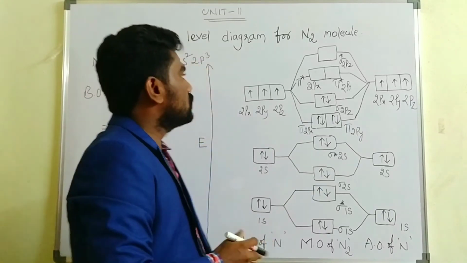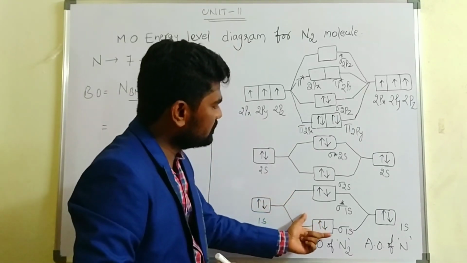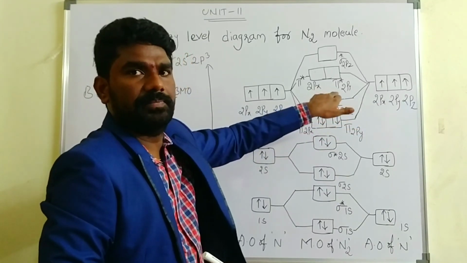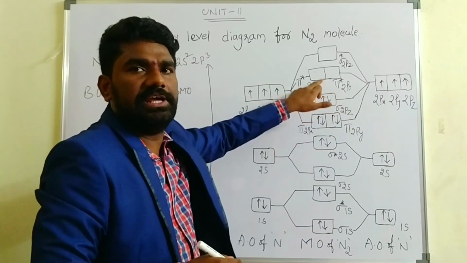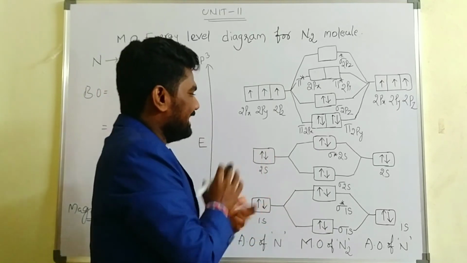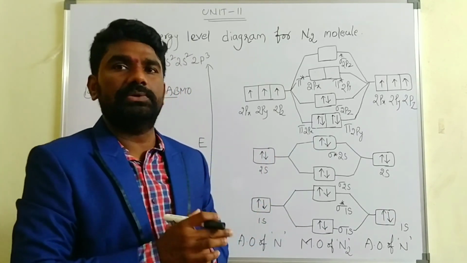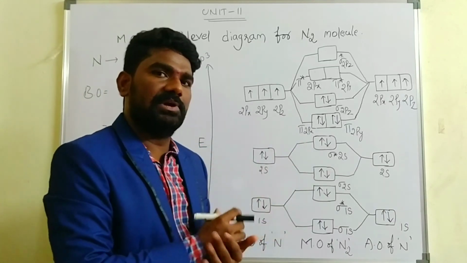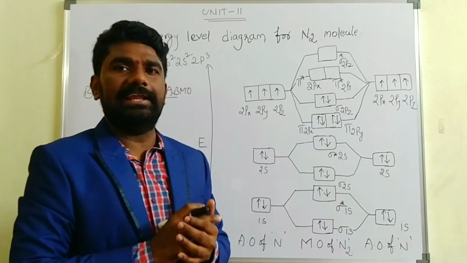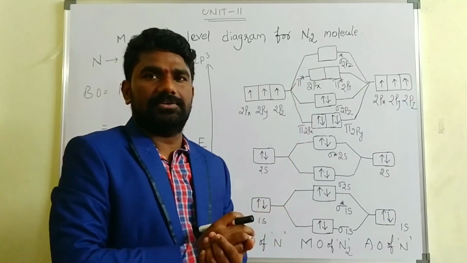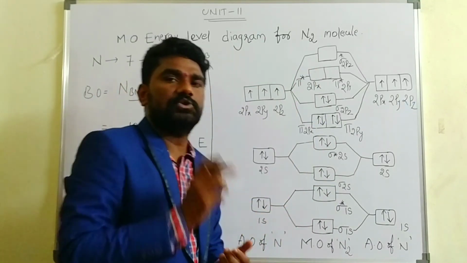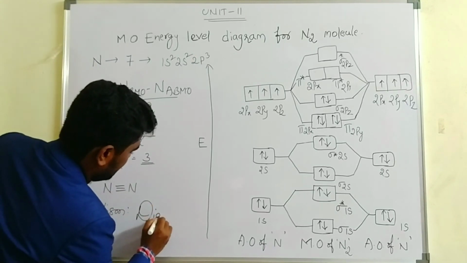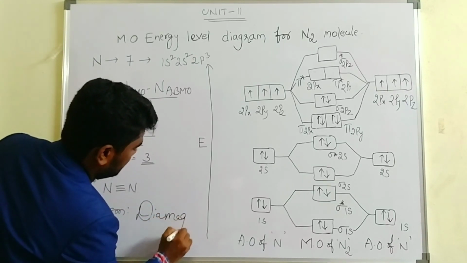So if you check up to sigma 2pz, they are paired up. There are no lone electrons. All the electrons present in the nitrogen molecule are paired up in the bonding molecular orbitals as well as the anti-bonding molecular orbitals. There are no lone electrons. So that's why the nitrogen molecule has diamagnetic nature.